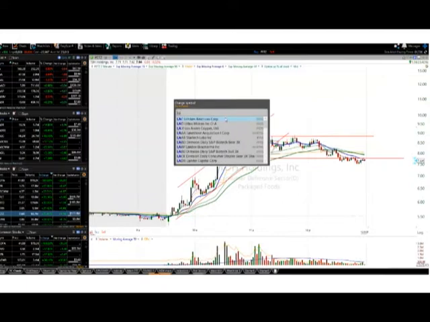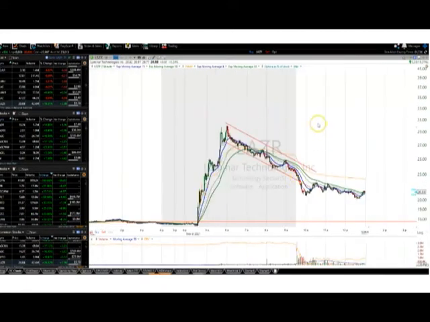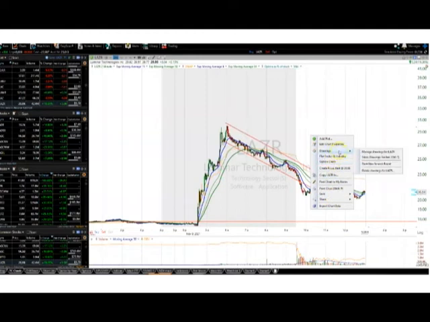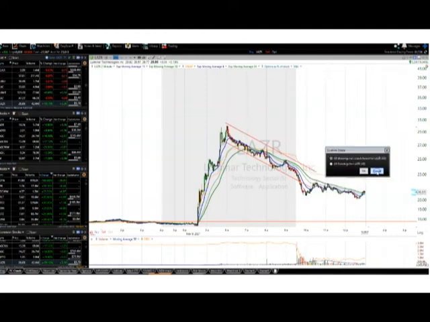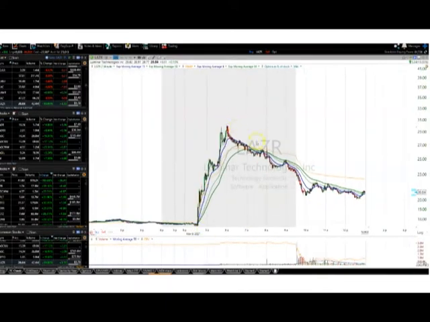There are a few other patterns, the same thing, but this is for drawing the trend lines. In and of itself, this pattern, a big spike up and then it drifting down.